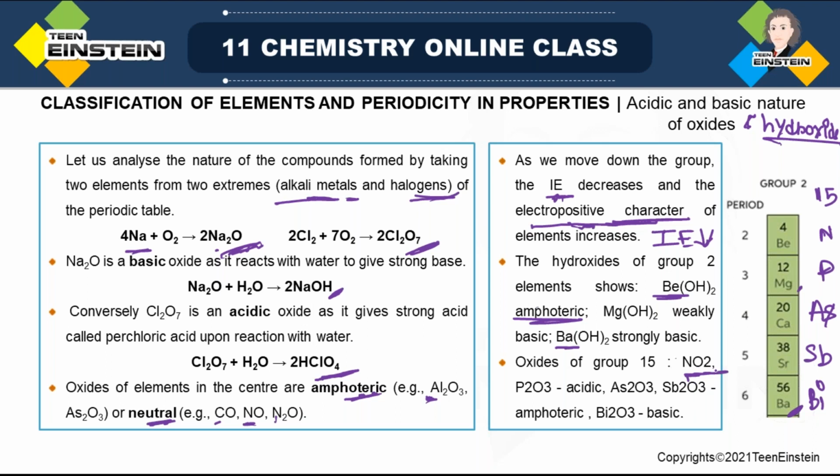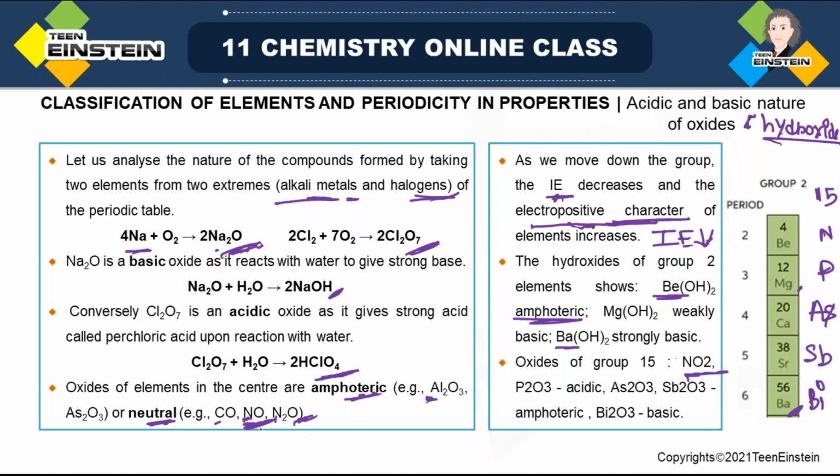Now one thing may strike you, that here it is mentioned nitrogen is showing neutral oxide, but here it is showing that NO2 is forming an acidic oxide. Don't think of it as a discrepancy, it is because though it is the same element, that is nitrogen, the element is fixed and there are different types of oxide, NO, N2O, NO2, and there are other oxides also, N2O5.